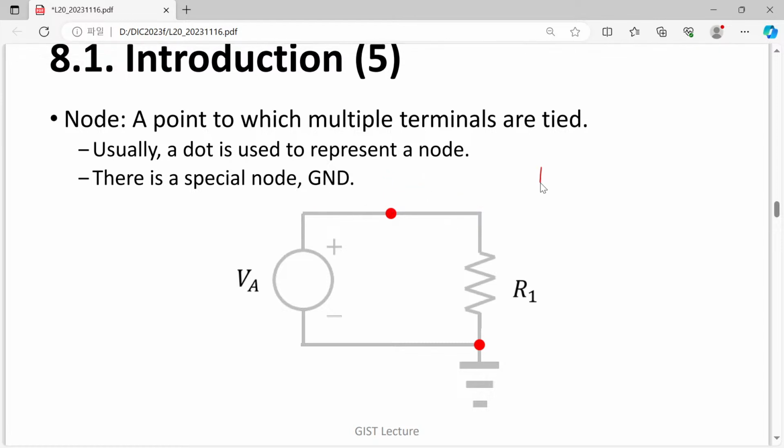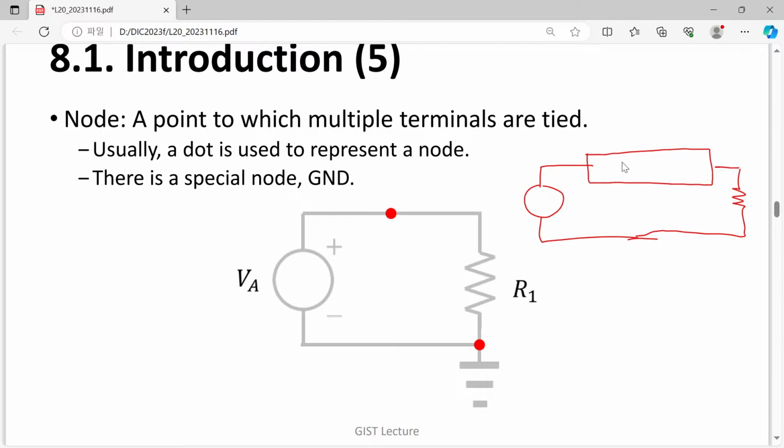If we have just 1 millimeter long spacing between our source and load, in this case we have to introduce another circuit element to describe this 1 millimeter long wire.